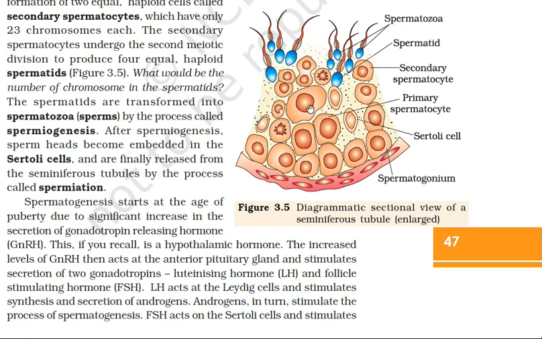LH triggers the Leydig cells. FSH triggers the Sertoli cells present in the testes. LH helps in the release of testosterone, which helps in the process of spermatogenesis, whereas FSH stimulates the process of spermiogenesis.